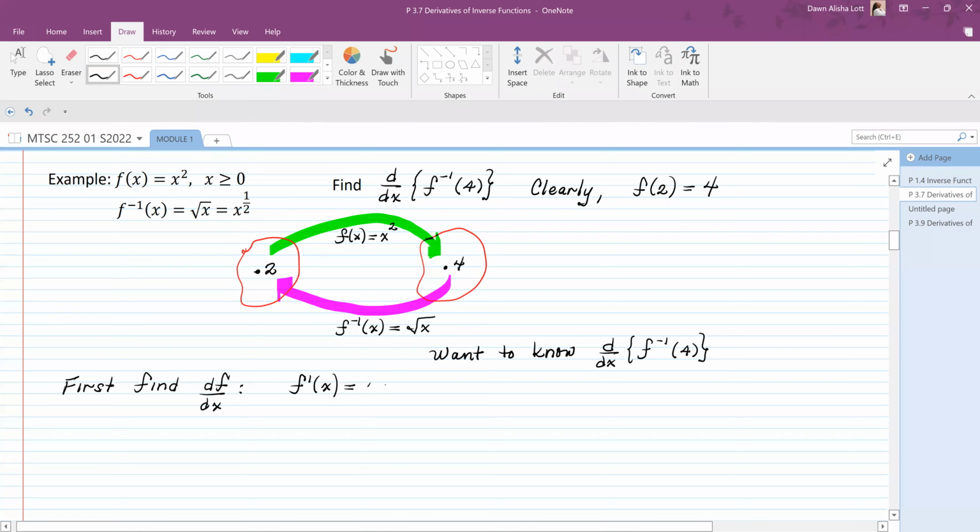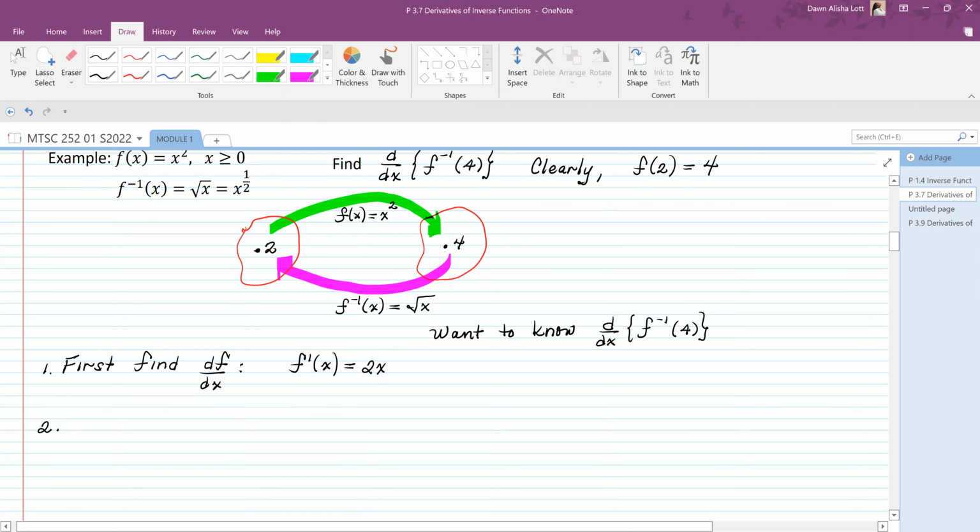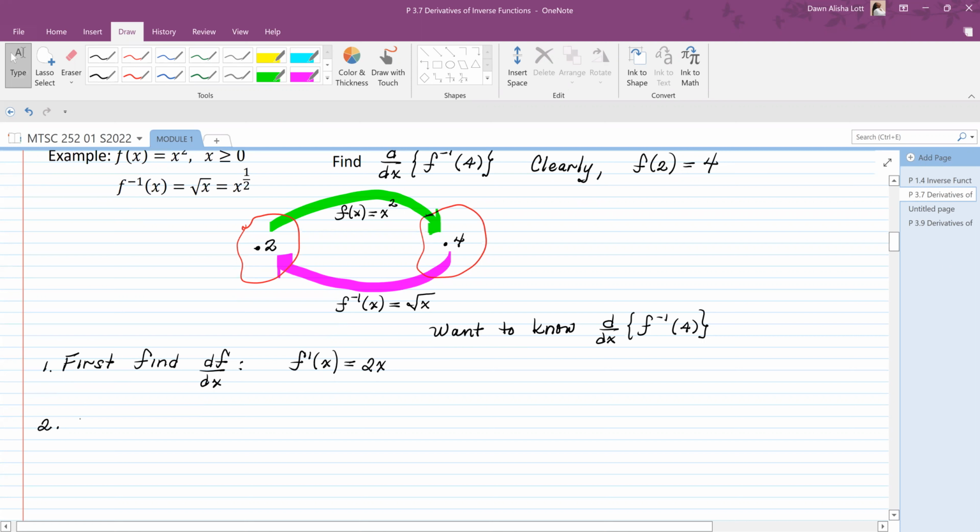Second, evaluate it at 2, so we need to evaluate f prime of 2.